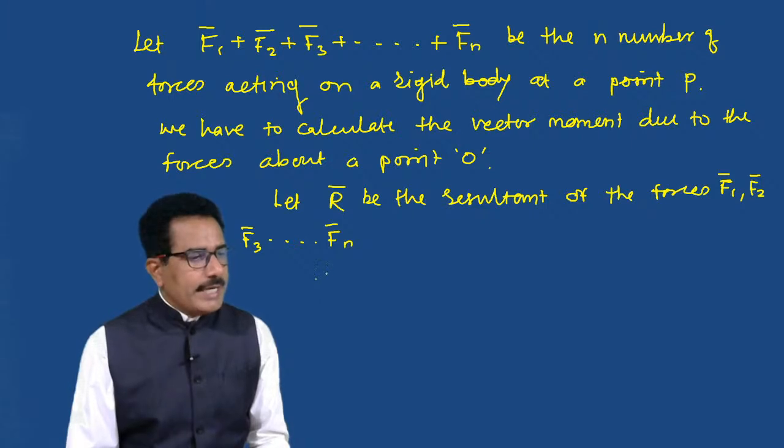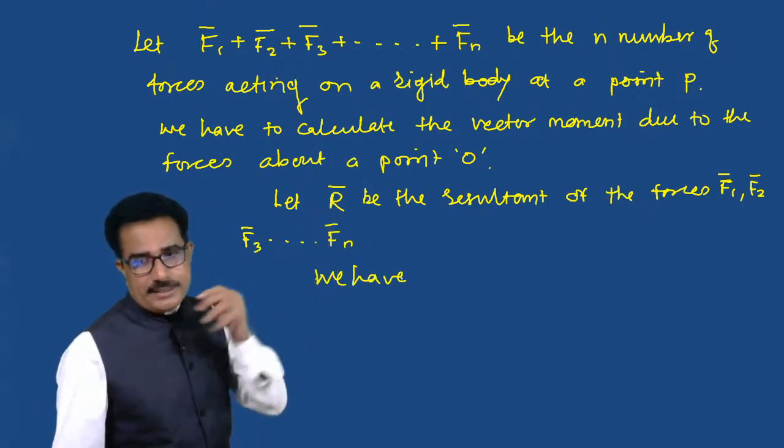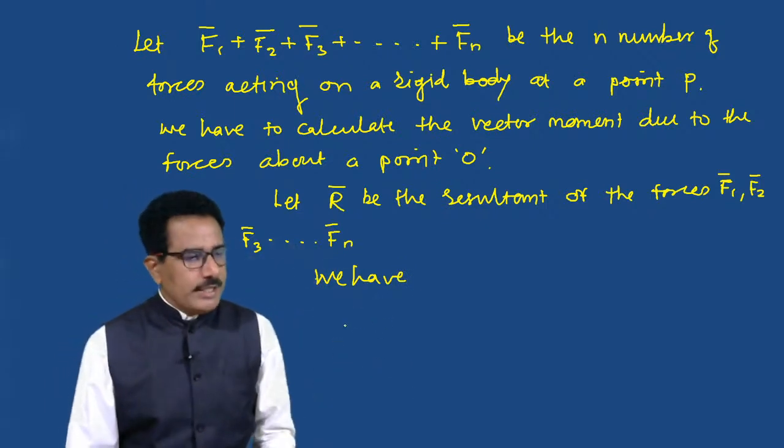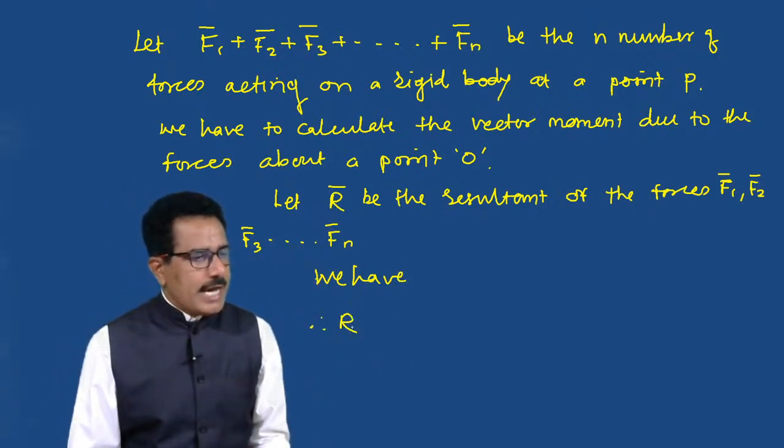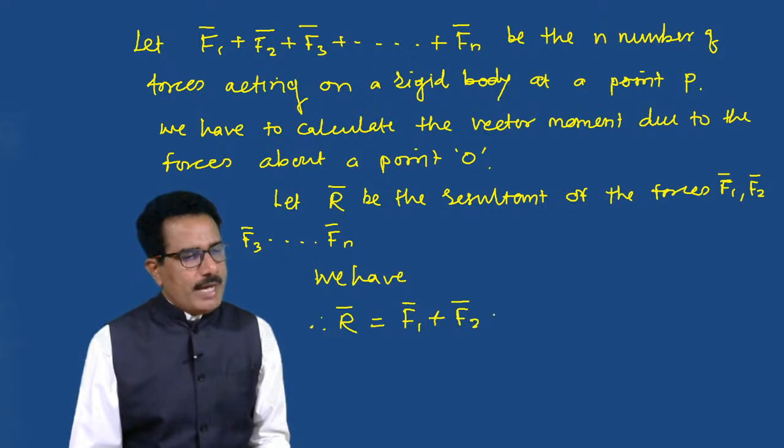Therefore, we have, if R bar is a resultant, it means the summation. So we can write R bar is equal to F1 bar plus F2 bar plus F3 bar plus dot dot plus Fn bar.